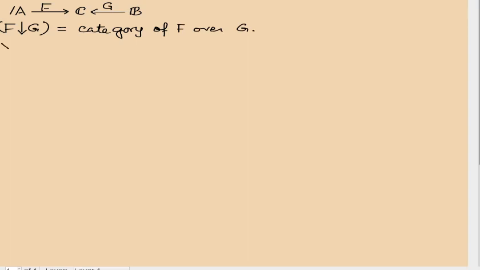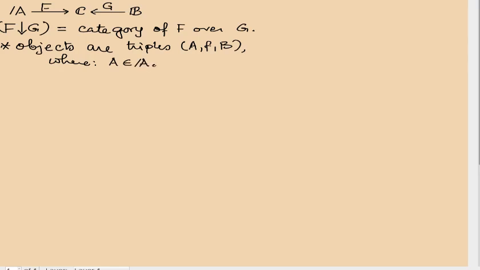What are its objects? The objects are triples, where A is an object of A, B is an object of B, and f is a morphism from FA to GB.